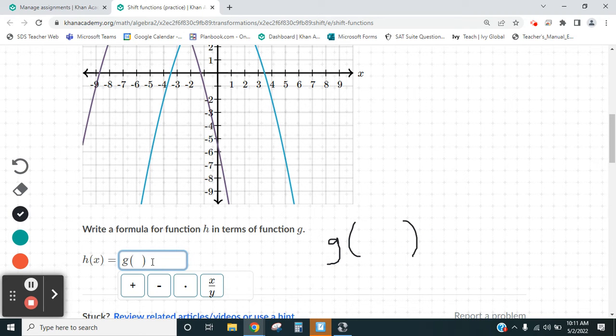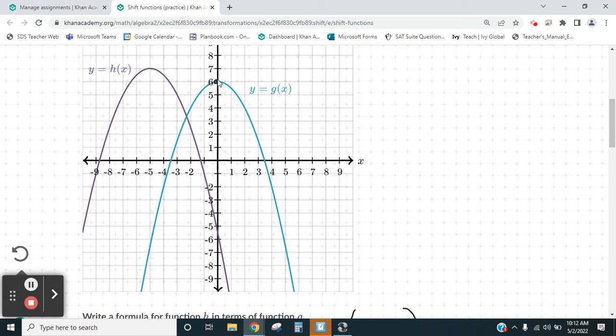There's another one that looks like this, right? And it has actual equations with like square roots and parabolas and quadratics. But on this one, it says write it in terms of G. So let's start at G and let's go to H.